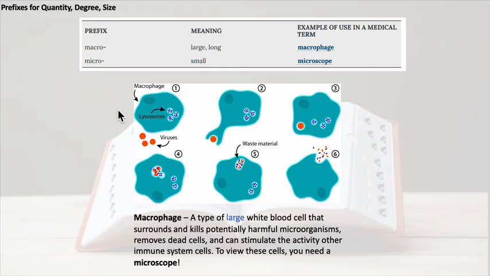So our white blood cells are part of our immune system. And macrophages are a particular immune cell that will actually engulf foreign pathogens, harmful microorganisms that are in our body. They will engulf them, and within the macrophage, there are enzymes that will break down whatever was just engulfed.